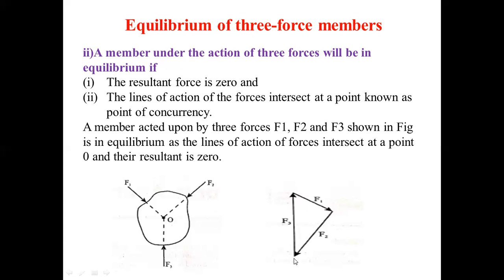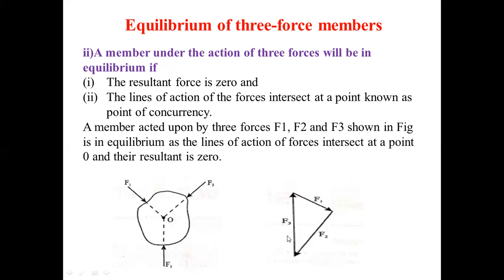You will get the end point. So this end point and this starting point will meet at the same point. Now after constructing this force polygon, we need to measure the vectors and convert them using the scale, and finally we get F1, F2, F3 in newtons.